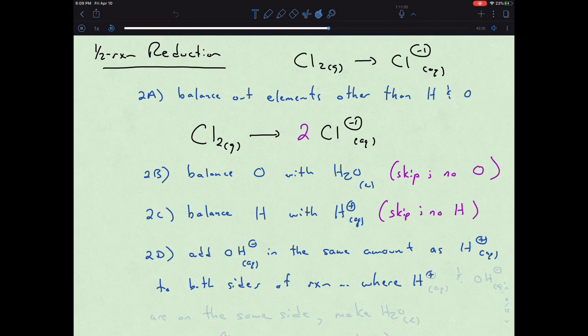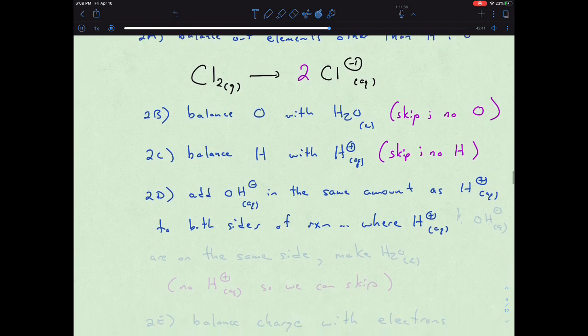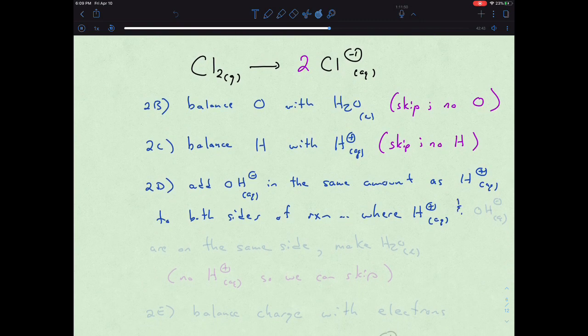Where H plus and OH minus are on the same side, we make H2O.